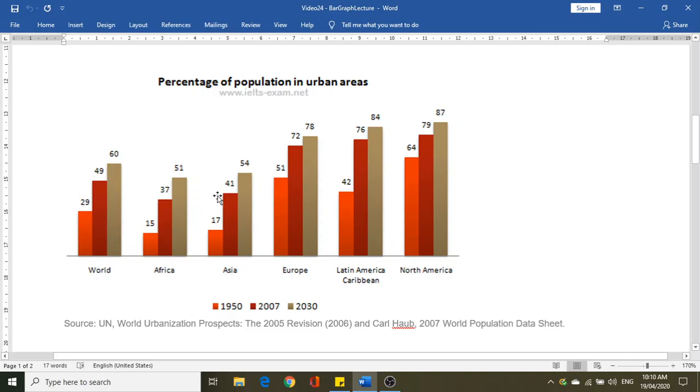So generally the technique is, as regards to the cluster, maybe we can group these two together since they have the similar ranges, and then we can group these three together since they have the similar ranges. And then every time we describe either these three or these two, we are always describing them in comparison to the world figures.